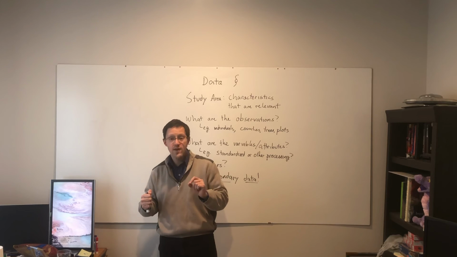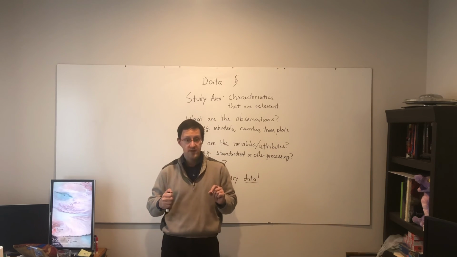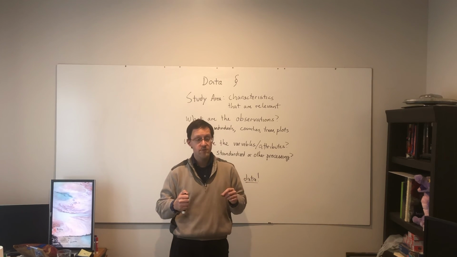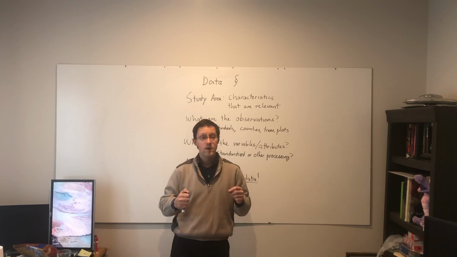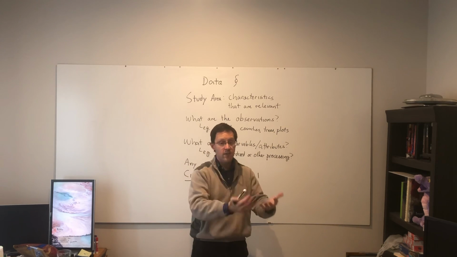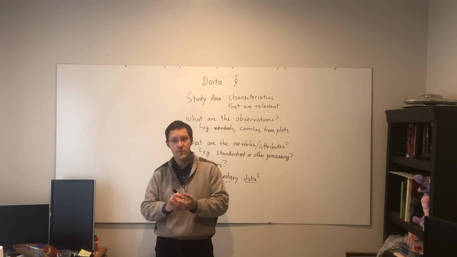So you need to make sure that your data source is cited, just as you would cite any other resource, journal article, book, what have you, that you have brought to bear in the study of your problem in your research paper.